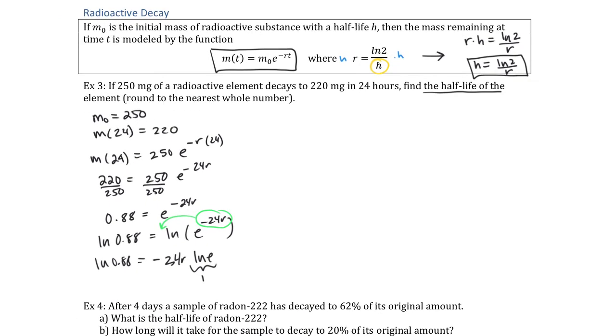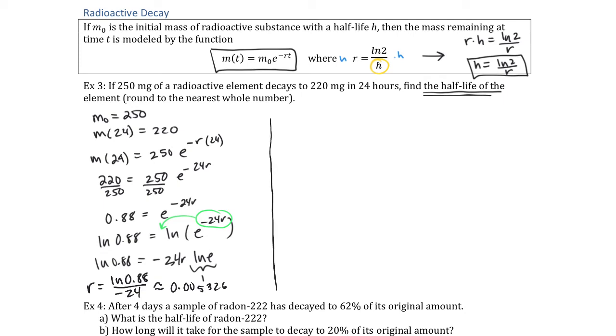And dividing both sides by negative 24, we get r is equal to ln of 0.88 divided by negative 24, which is approximately 0.005326. All right, but I'm not done because I still needed my half-life.